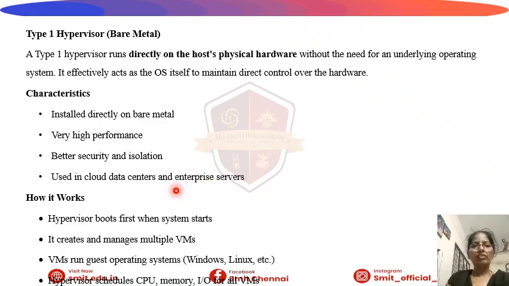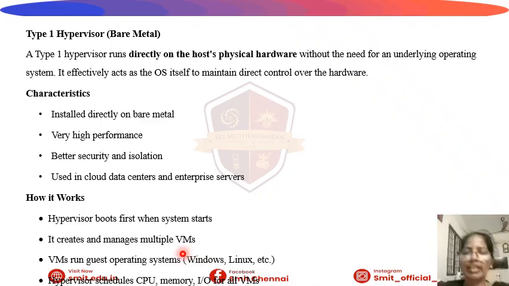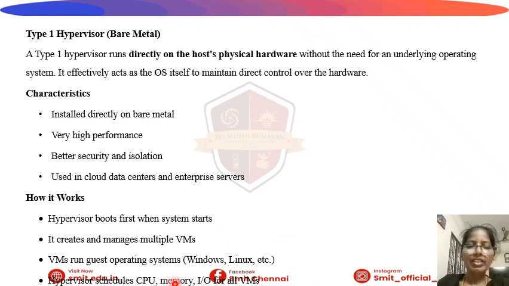How the type 1 hypervisor works: the hypervisor boots first when the system starts. Second, it creates and manages multiple virtual machines. The virtual machines run guest operating systems, namely Windows, Linux, etc. It provides the CPU, memory, and I/O devices for each virtual machine.